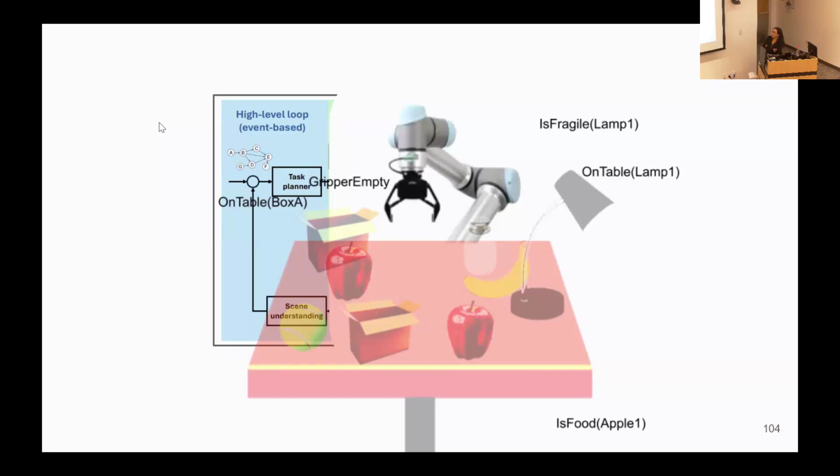A lot of the tools that we have today off the shelf allow us to extract a lot of this information that used to be very hard to encode. So usually in the past, we had to encode the fact that an apple is food, and that picking up the apple would comply with the user's requirement.